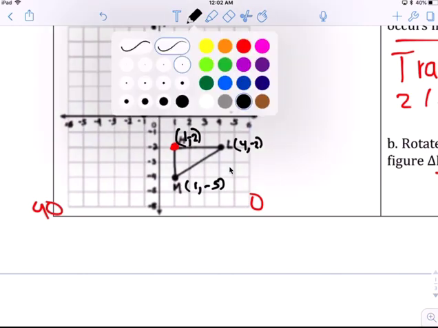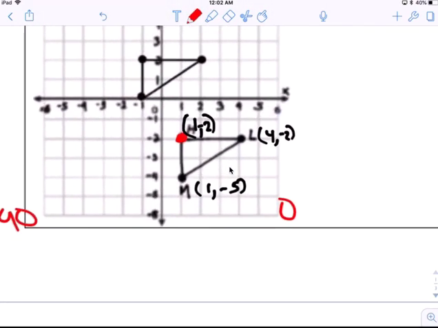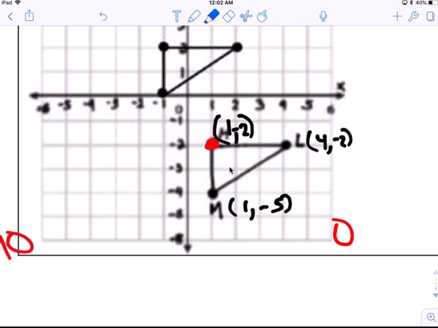It goes over 90 degrees, the numbers change. So instead of 1, 2, it's 2, 1. H prime: -2, -1.